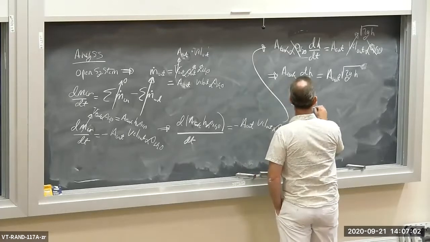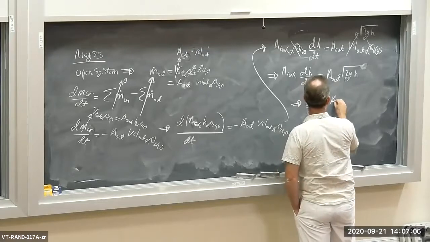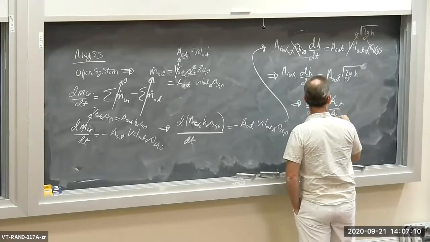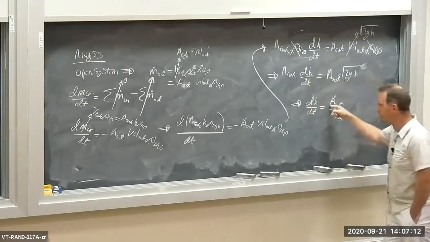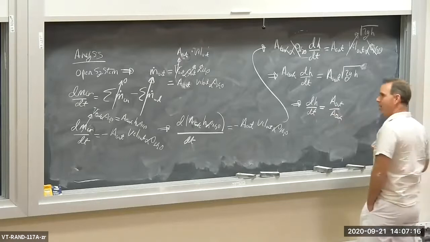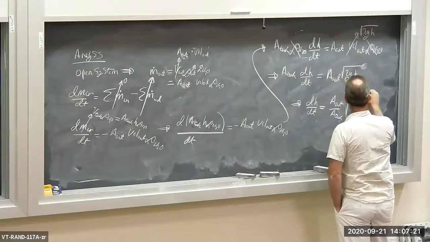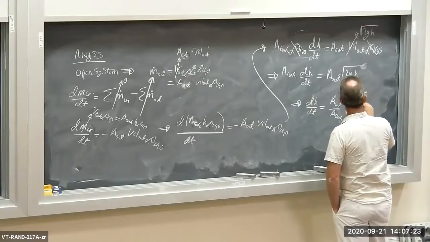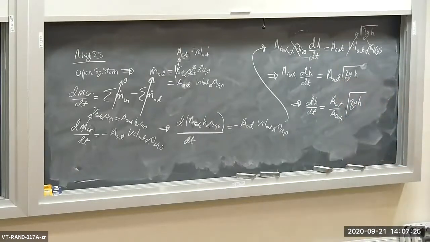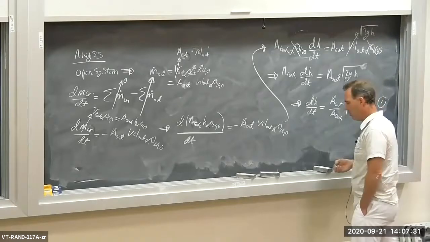The time rate of change of height within the tank is equal to the ratio of A out over A tank, the ratio of the flow area through the drain and the tank area, times square root 2GH. Okay. So this is an important equation. Let's call it equation number 1.